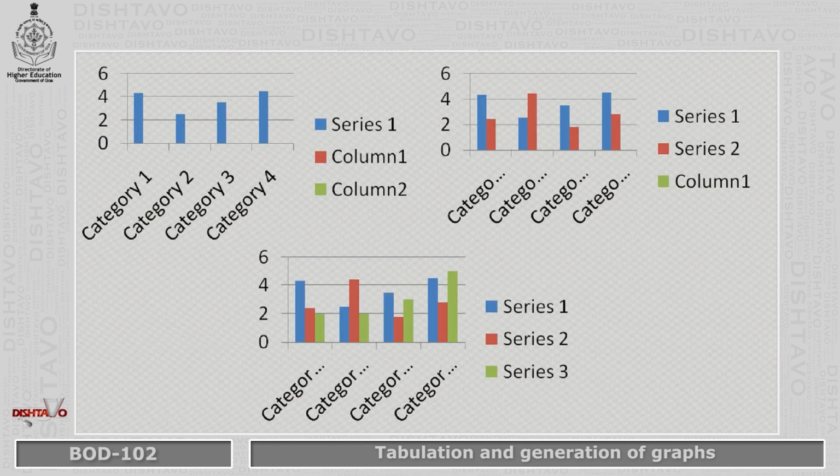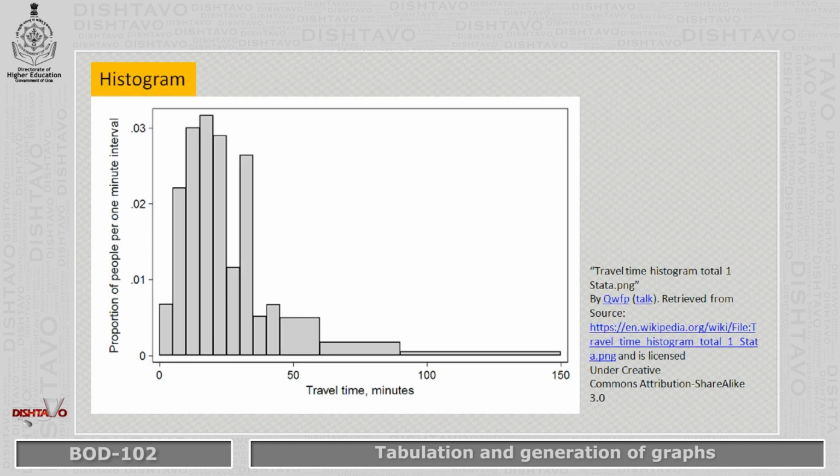Now these are some examples of how a bar graph looks like, when you have a single data, 2 data and 3 data, that is multiple type. Then this is how a histogram looks like when you have continuous variables. There is no space between 2 bars.